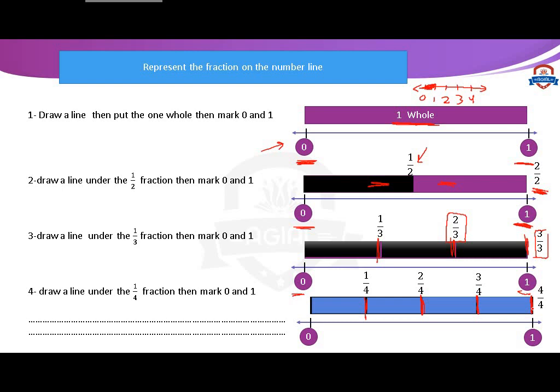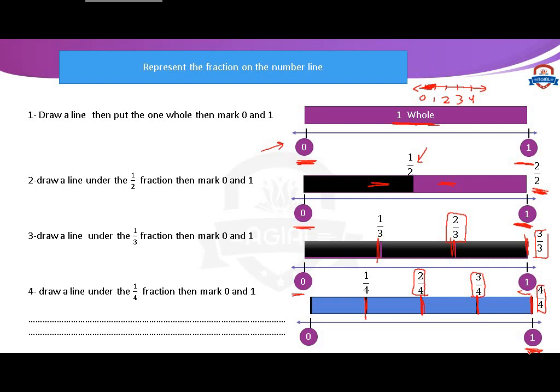A quarter and a quarter, 2 quarters, 3 quarters, and 4 quarters. 4 quarters equal what? Excellent, we get one whole. So one whole equals 2 over 2, equals 3 over 3, equals 4 over 4.